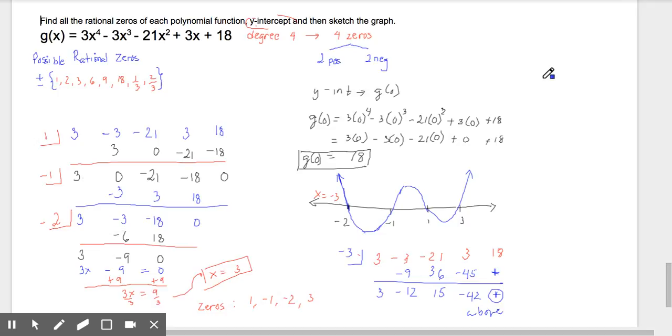But if we want to sketch, let's do it here. Okay, so let's count by ones.